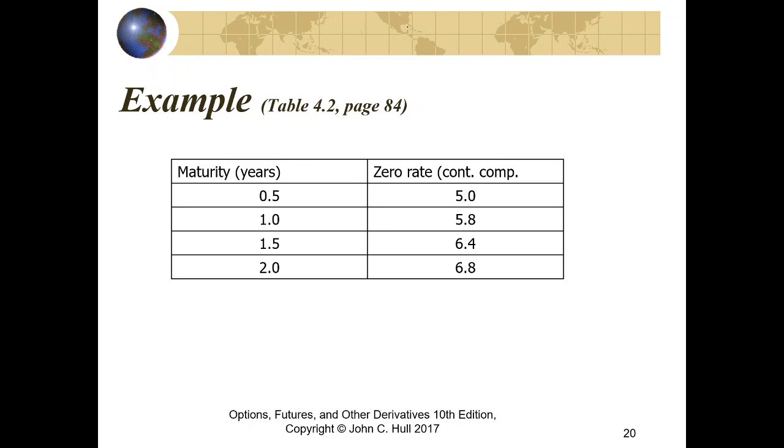Now let's assume that we did the same process on treasury instruments that mature after a year and a half, and after 2 years, and we found that the zero rates are as we see here, 5, 5.8, 6.4, 6.8, and so on. Okay, now why do we need these rates?